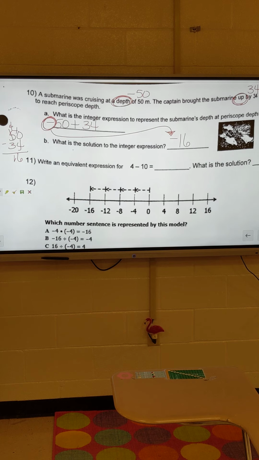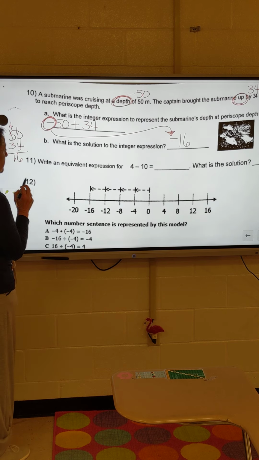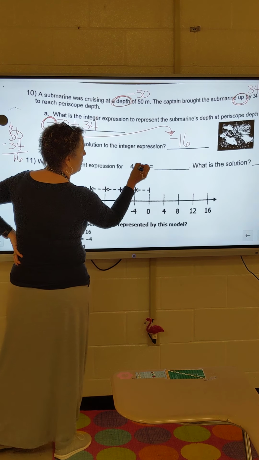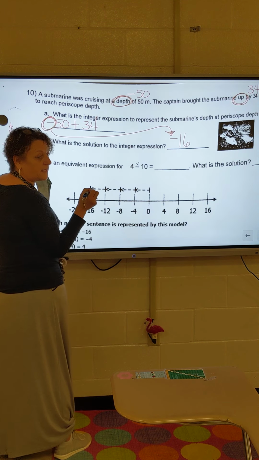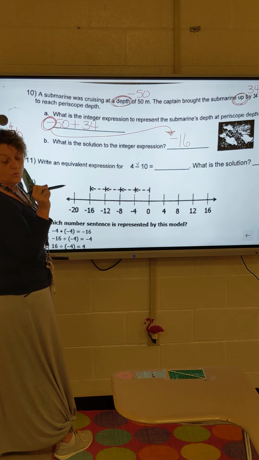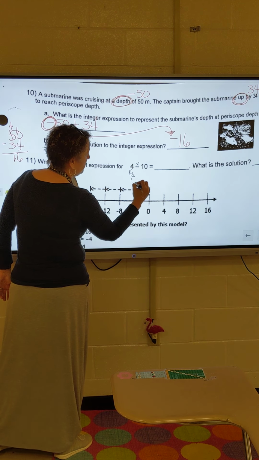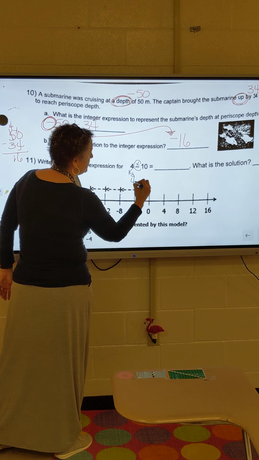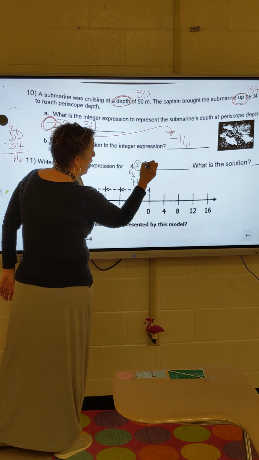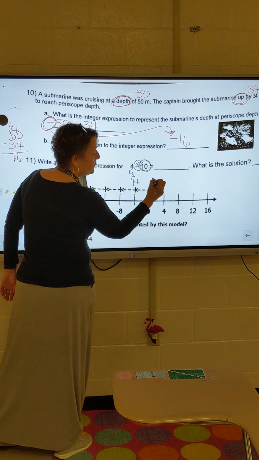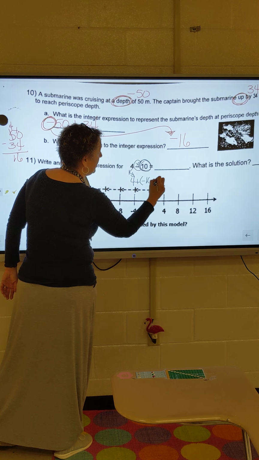Write an equivalent expression for 4 minus 10. Is my problem addition? No. If my problem's not addition, the answer is no, KCO. So we've got to K, keep that 4. C, change that to addition. O, make that positive 10 a negative 10.